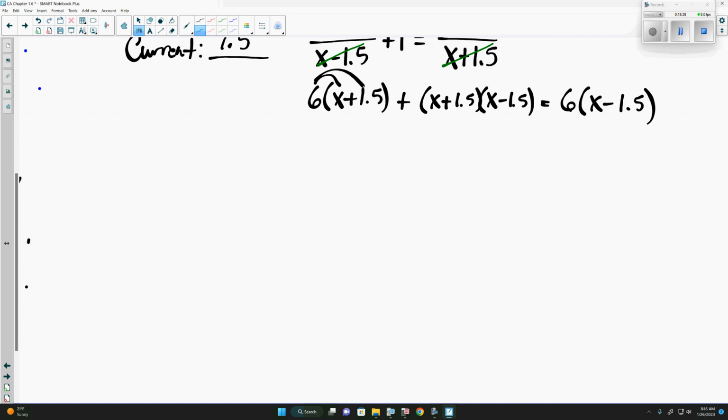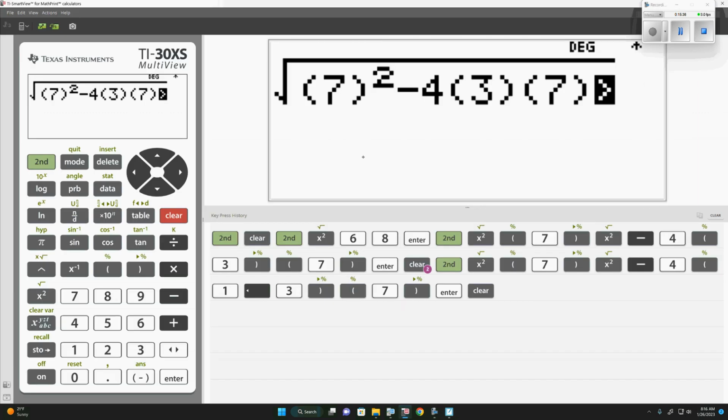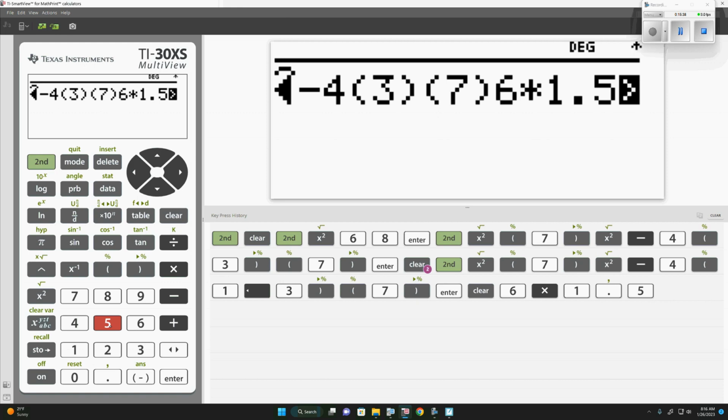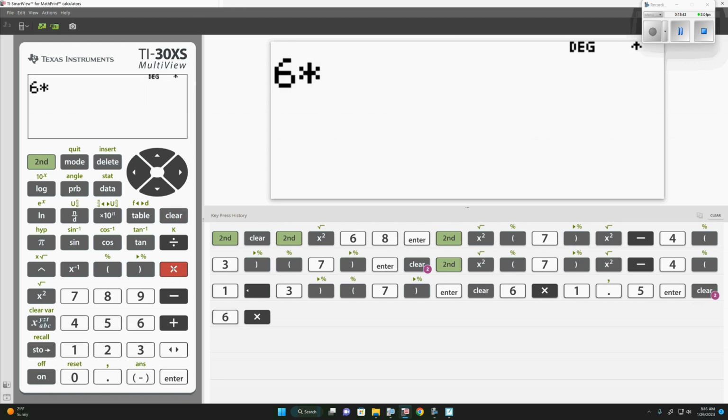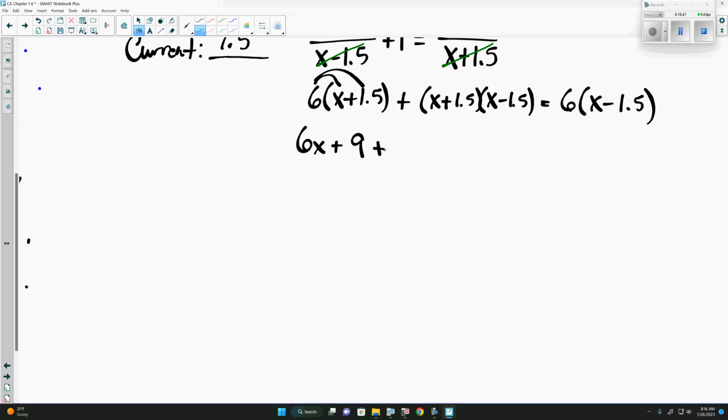So for the first one, we can multiply through by 6, which will give us 6x plus 9. And we can just do that in a calculator. 6 times 1.5 is 9. Plus, here, we're going to distribute out. X times x will be x squared.